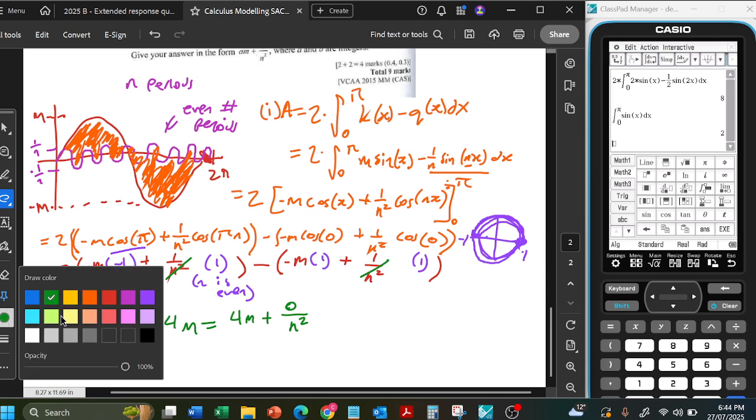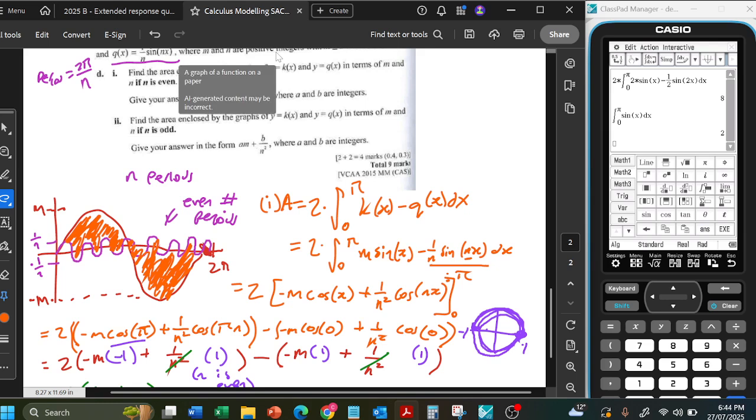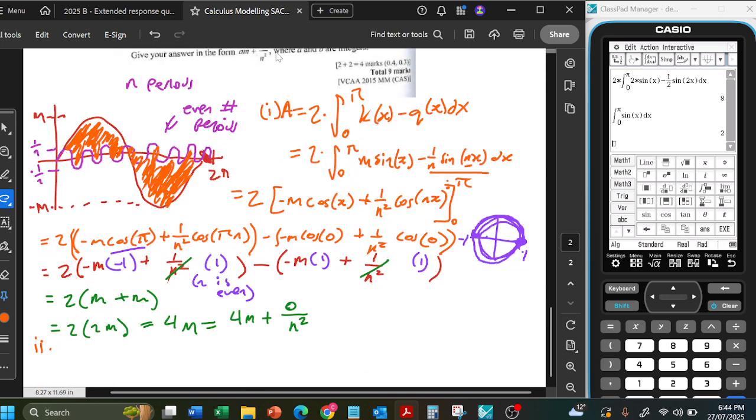Now, let us consider the alternative answer, which is part II. Part II says, find the area in terms of m and n if n is odd. So now let's consider the case where n is odd. We'll jump back to this expression here. Everything else about this question should be the exact same.